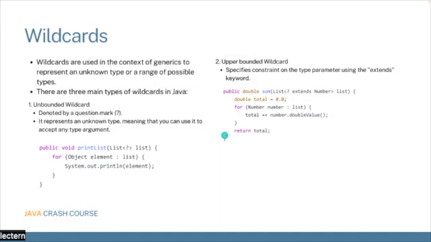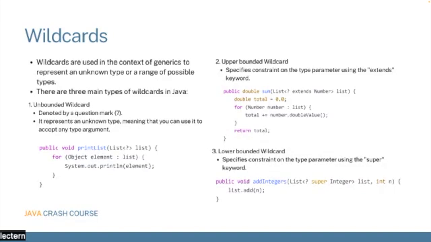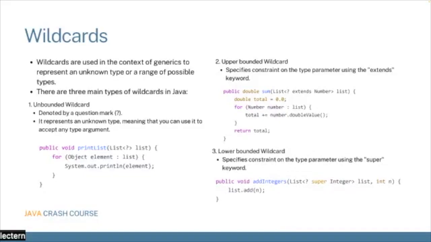Sorry. The next one is the lower bound wildcard. This is usually used for methods where we are adding to a list. We use the super keyword to lower bound our constraints.